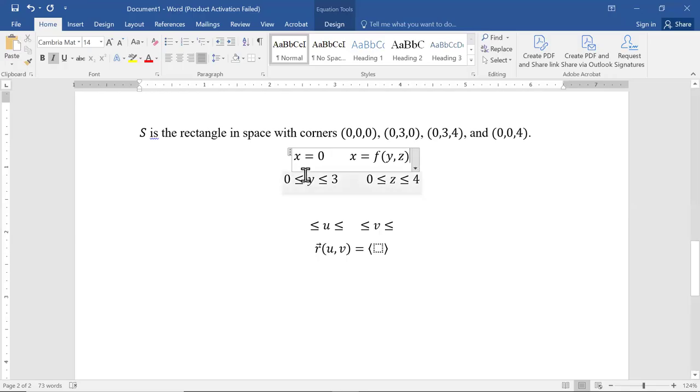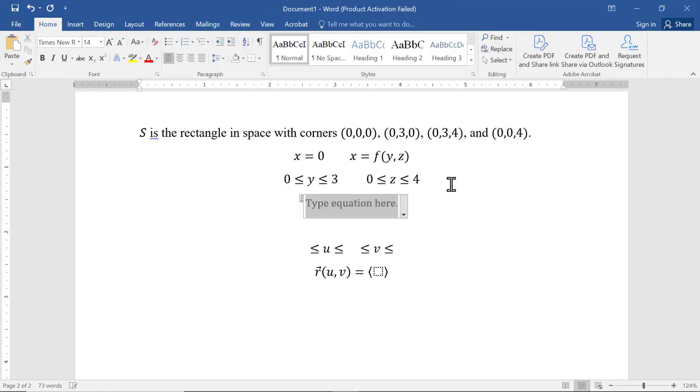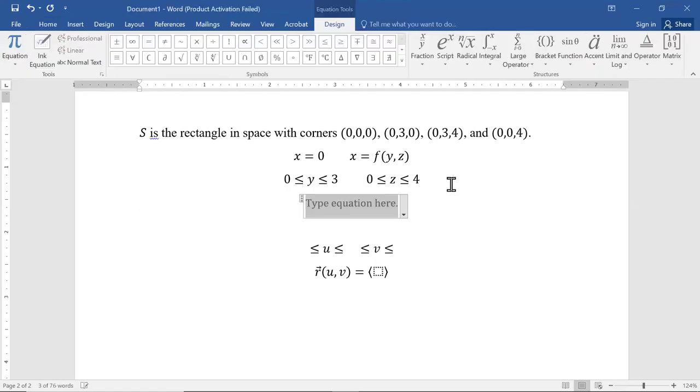I'm going to say, well, now that x is equal to a function of y and z, I can let y, since it has numerical bounds, be my u. And then since the z also has numerical bounds, I can let the z be equal to my v. And then if this were a more complicated surface, I could just plug in u and v into the function. And here there's nothing to plug in because it's the constant of 0.